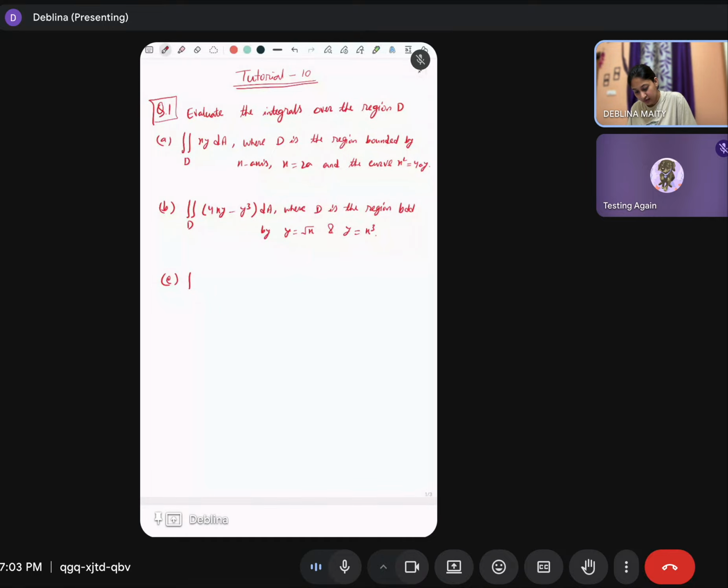And the third one is bounded by y equals x minus x square, y equals 0, x equals 0, and x equals 2.